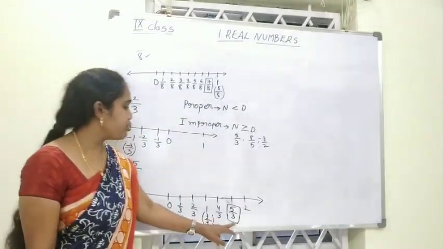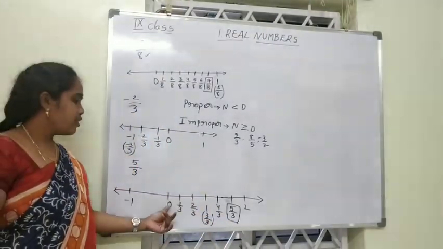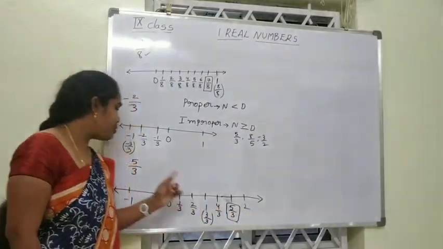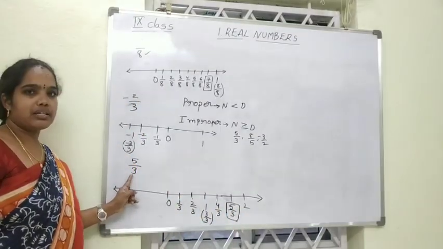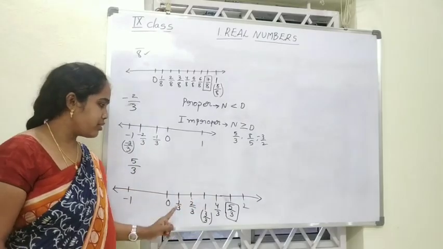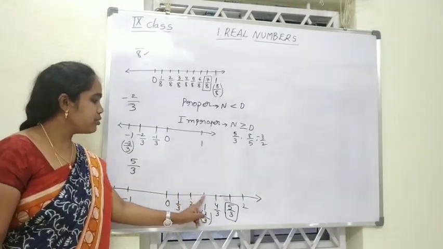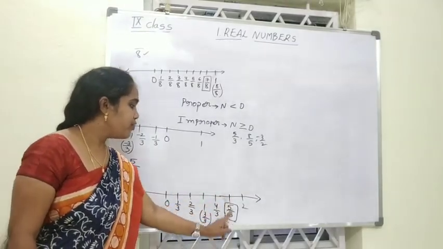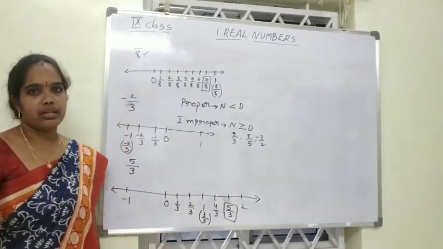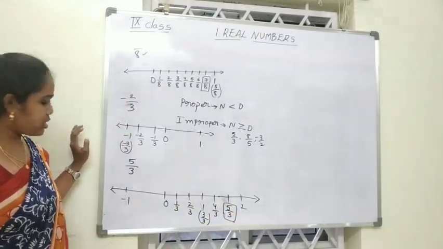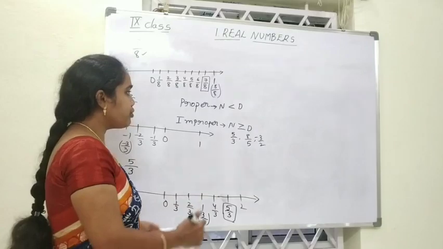So 5 by 3, how to represent on the number line? Like this. From 0 to 1, 1 to 2, 3 parts we have to take. In that, the fifth line, see here 1, 2, 3, 4, 5. Fifth line is 5 by 3. Understood? Did you understand?